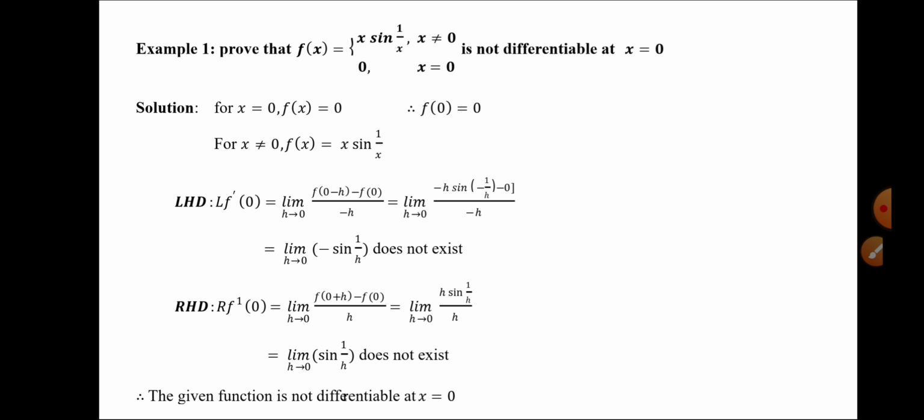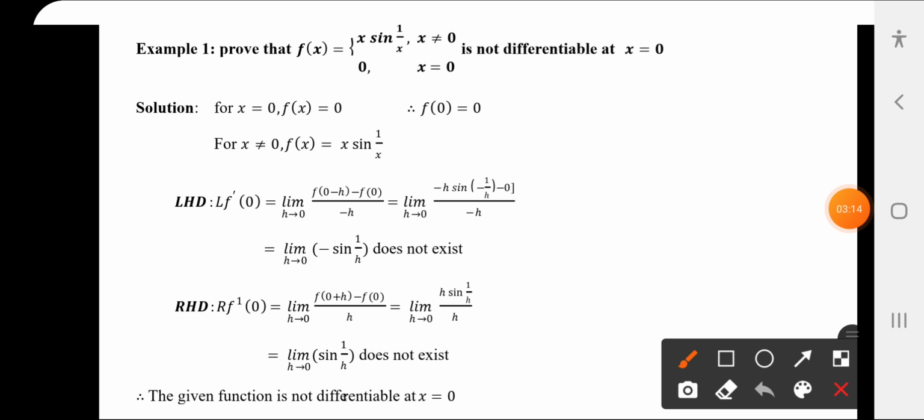Prove that f of x equal to x sin 1 by x when x is not equal to 0, and 0 when x equal to 0, is not differentiable at x equal to 0. You observe that the left hand derivative does not exist. Since the left hand derivative is the limit as h tends to 0 of minus sin of 1 by h, it does not exist.